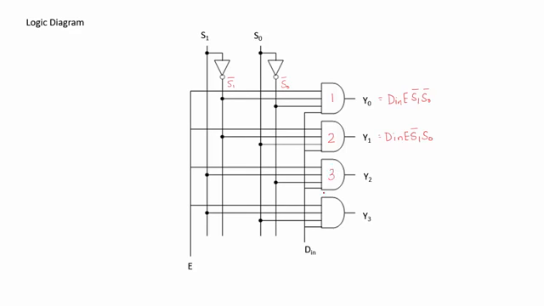The output of the third AND gate will be DIN, S0 bar, S1, E, which can be written as DIN E, S1, S0 bar. Similarly, the output of the fourth AND gate will be DIN, S0, S1 and E, which can be written as DIN E, S1, S0. So this is the same as what we got from the truth table.